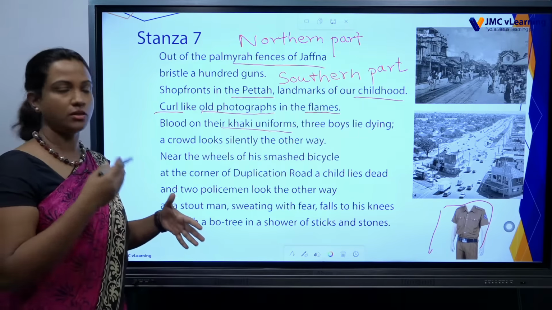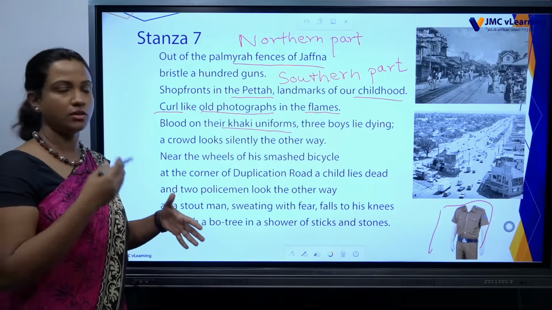A stout man. What do you mean by stout? A fat man, sweating with fear. Why is he sweating? Because you are tired, or maybe you are scared. Sweating with fear, he falls to his knees beneath a bo tree.